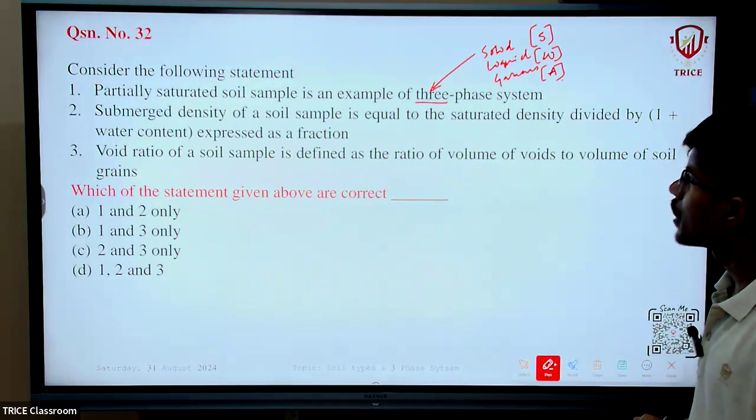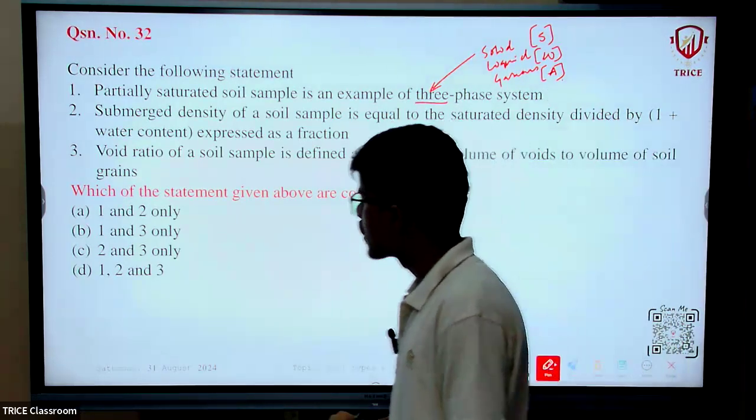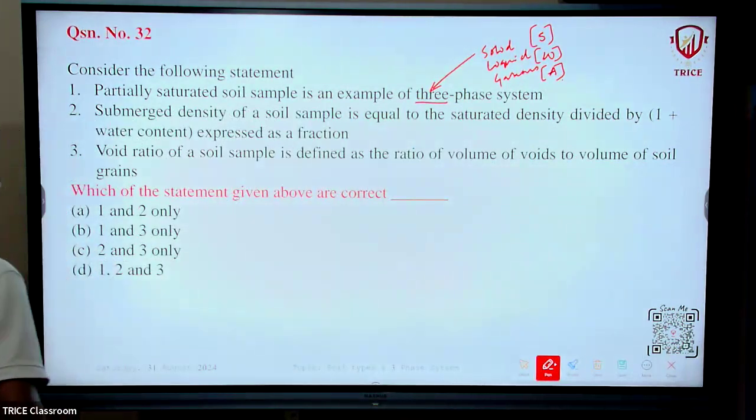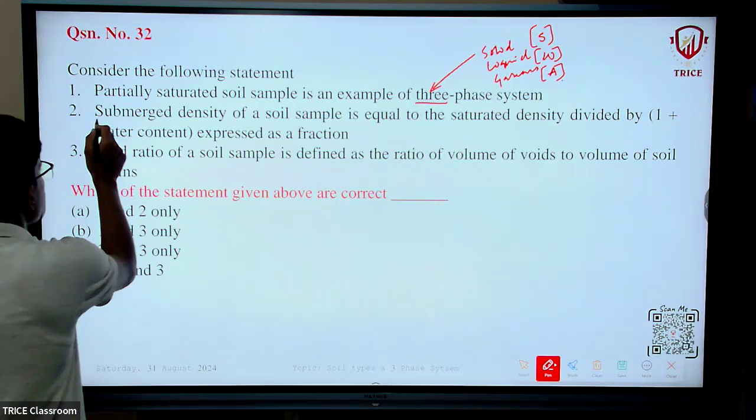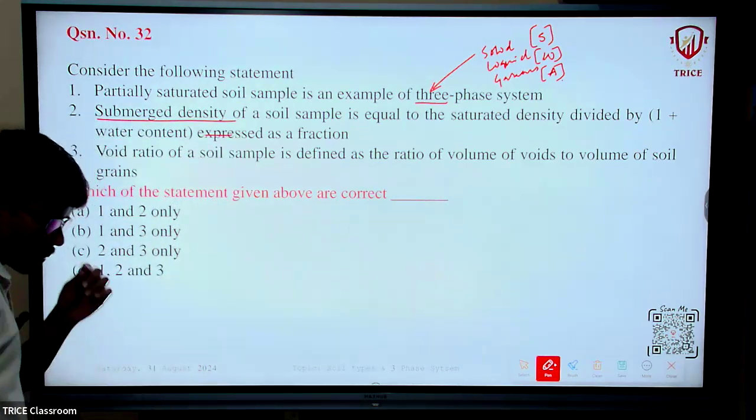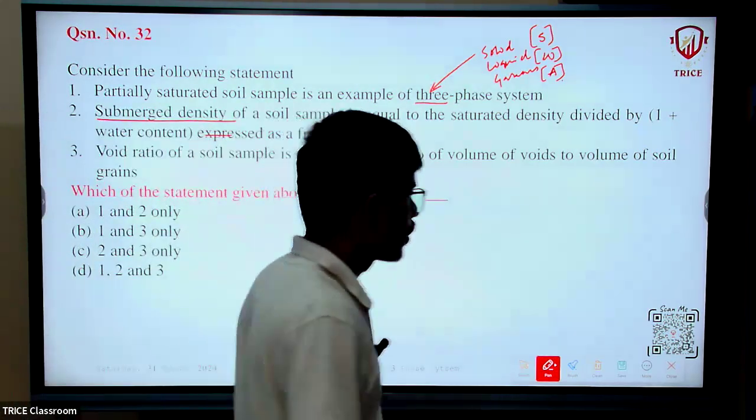Then the second statement: the submerged density of a soil sample is equal to the saturated density divided by 1 plus the water content expressed as a fraction. It can't be true, because the submerged density is based on Archimedes' principle.